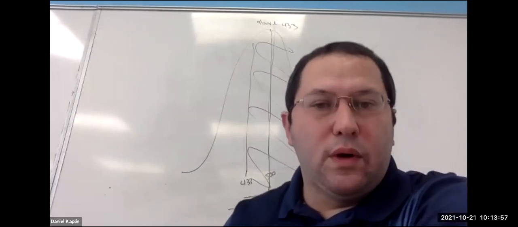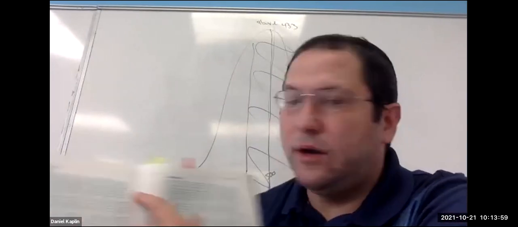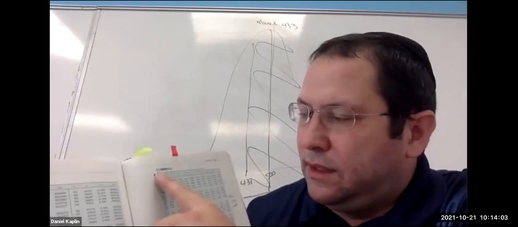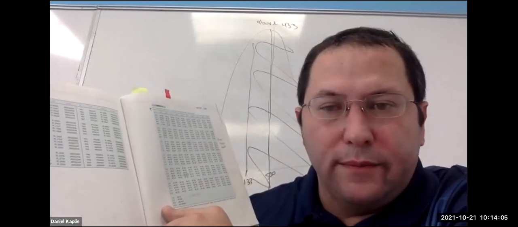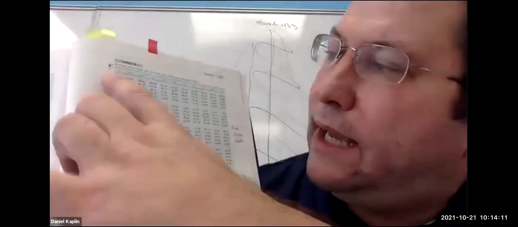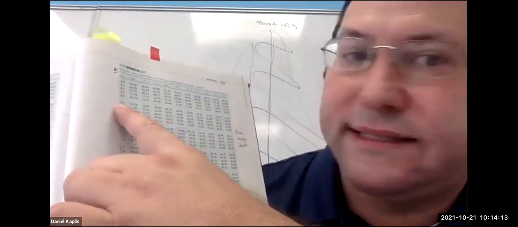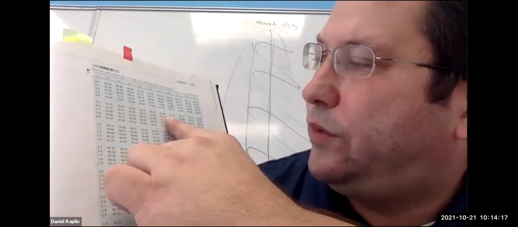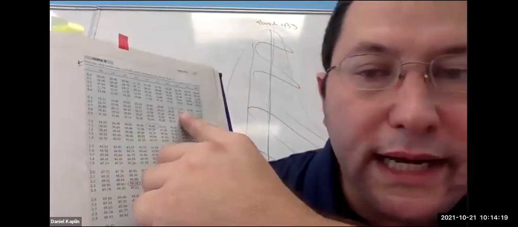Now for this one, I want to take you through it. I said if we go across the top, we get our hundredths place. If we go down, we get our whole number and our tens place. So what I'm going to do is I'm going to hold this up and I need to go to 0.6. So I found 0.6 and then I need to go across to 0.07 right here.